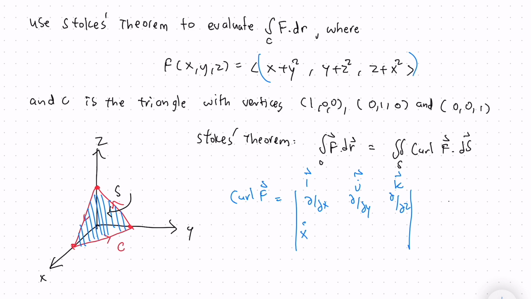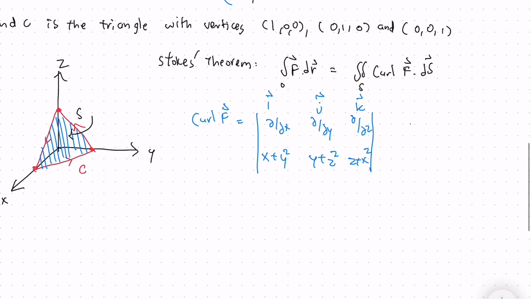So we have x plus y squared for i, y plus z squared for j, and z plus x squared for k. And now what we need to do is compute this curl.